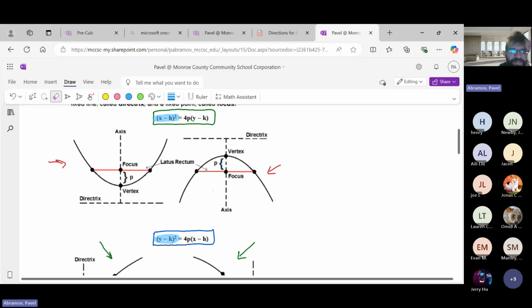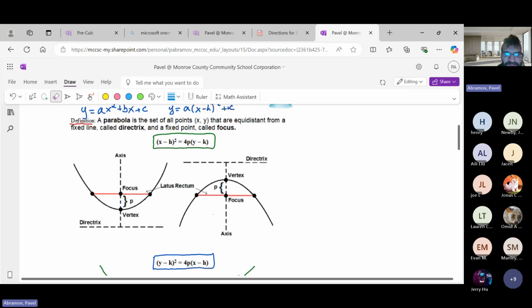Okay, so right now let's talk about the parts of the parabola. We are looking at parabolas in a slightly different light, as conic sections, so they have some things that we haven't ever considered when we looked at parabolas in Algebra 1 and Algebra 2. First of all, the first part is still pretty similar to what we've done before.